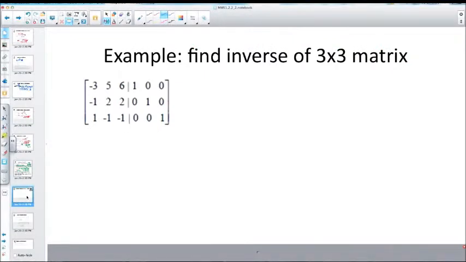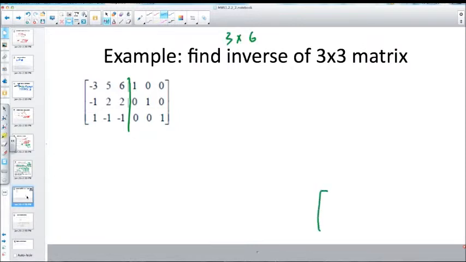In this example, I want to find the inverse of the left side matrix. Then I put the left side with an identity matrix side by side. You know, the left side is 3 by 3. Right side is 3 by 3. Then you got what? 3 by 6. What's your goal?